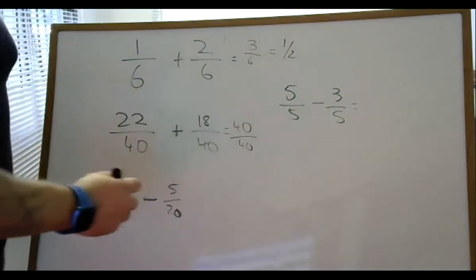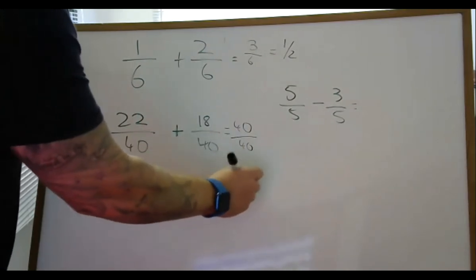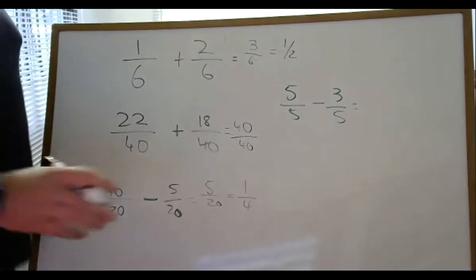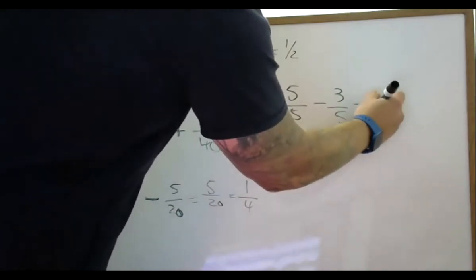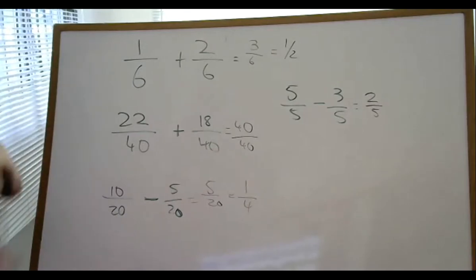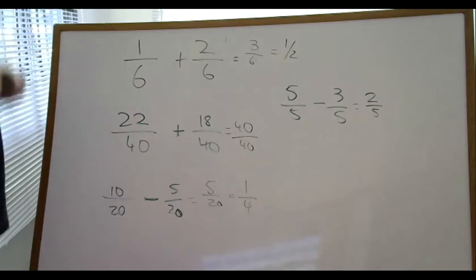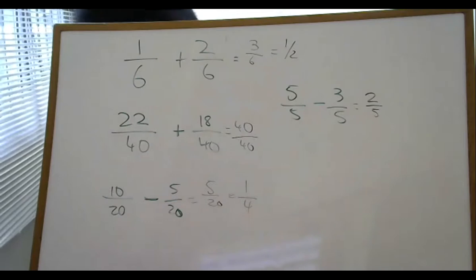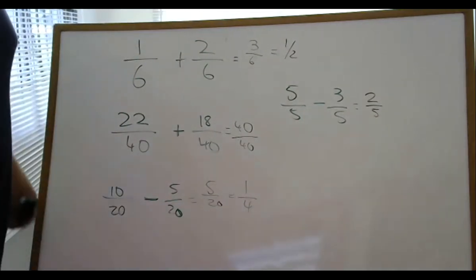Down here, we would end up with 5/20, which gives us 1/4, because we divide those by 5. This would give us 2/5. And in order to simplify that any more, we would need to make this decimal. Okay.